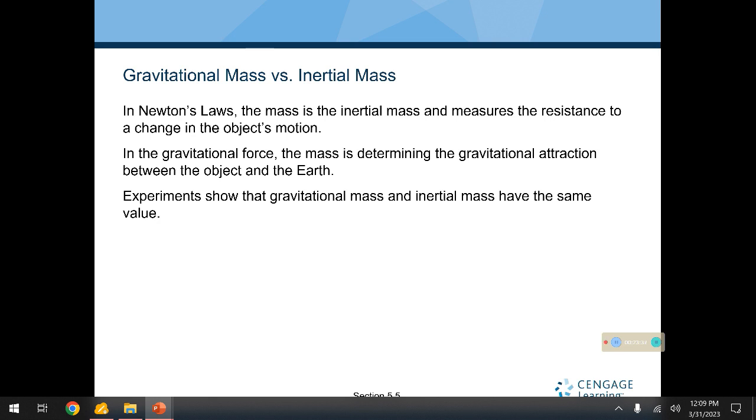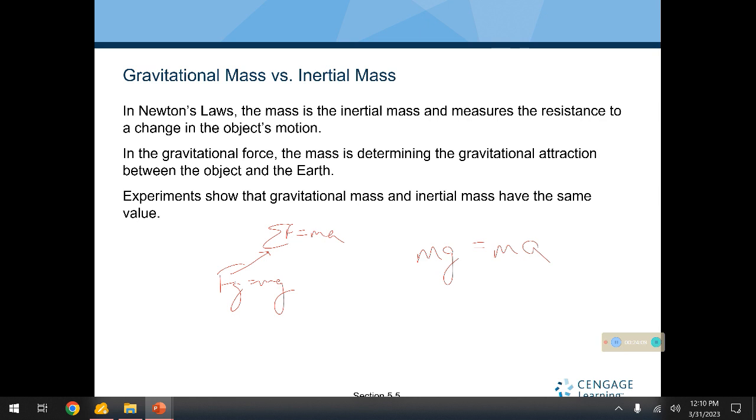In other words, here is the equation that contains inertial mass. Here is the equation that contains gravitational mass. More mass gives us more gravity, and more mass gives us more acceleration. Scientists say it's strange that when you plug this guy in here, you get this equation, and you have two different forms of mass up there.